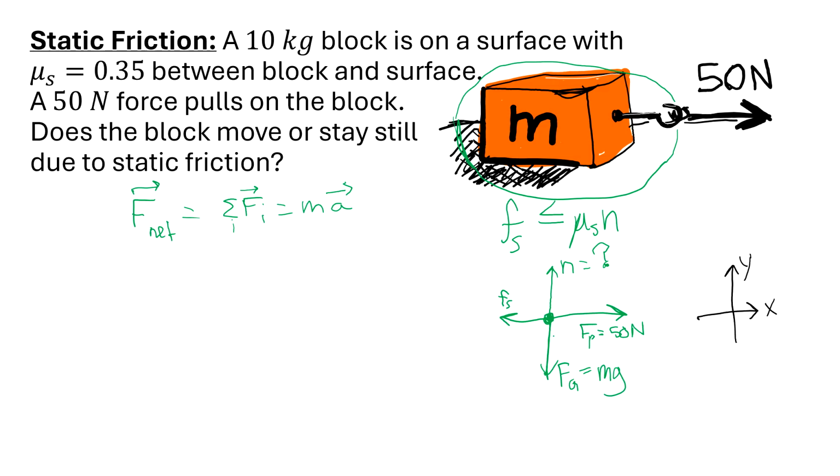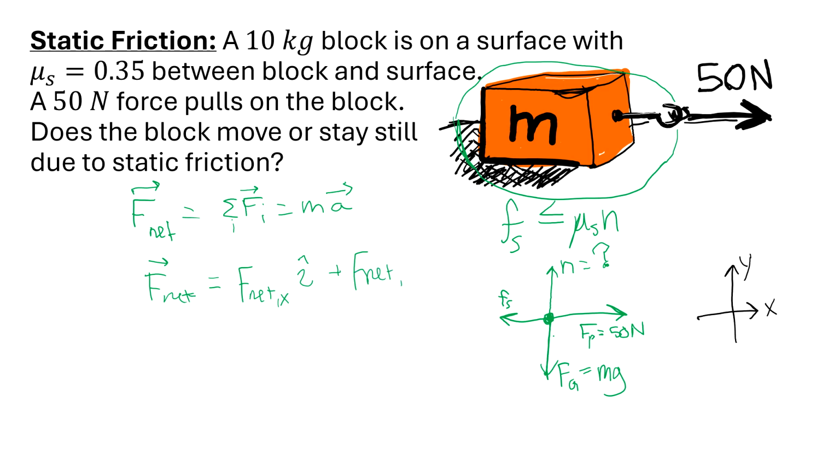Well, first let me be clear about what F net is. F net is a vector, so it's got an x component i hat plus F net y j hat. I don't need the vector now that I'm splitting it up into component forms.